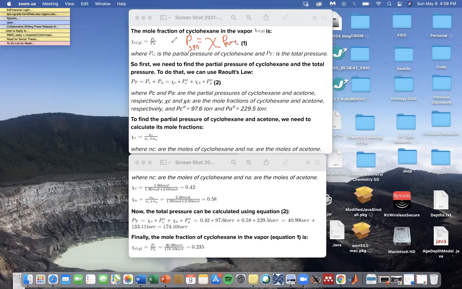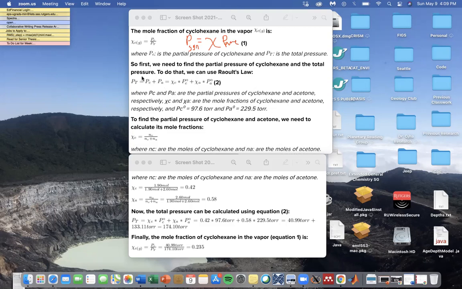And that's what they're calling PT, I think, in this expression. And so to isolate this, you would do the partial pressure of cyclohexane divided by the pure pressure, I think. And so this is what you do.